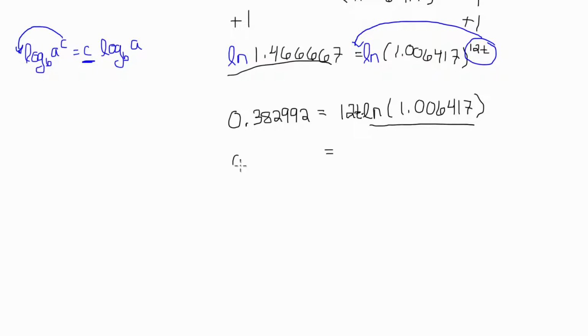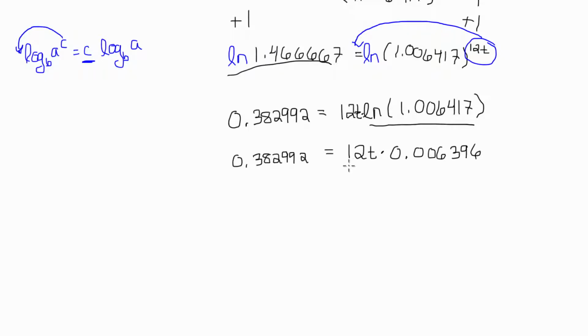Again, on the left side here, I've still got this, and then I've got 12t on the right times a number, which in this case is the natural log, which is 0.006396. Perfect.